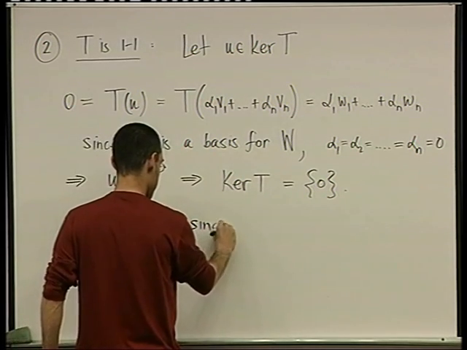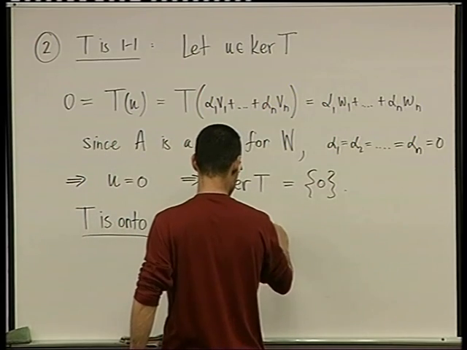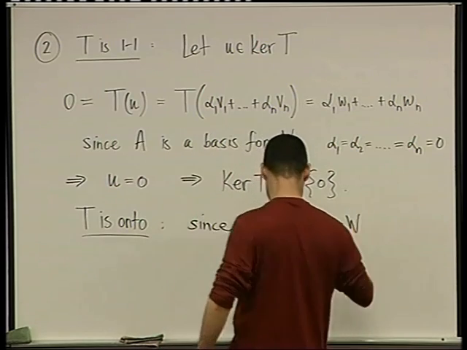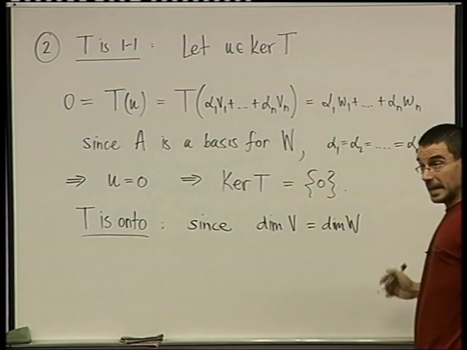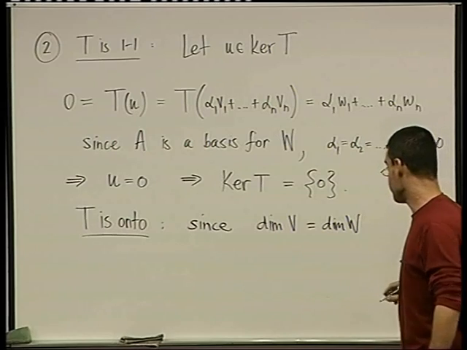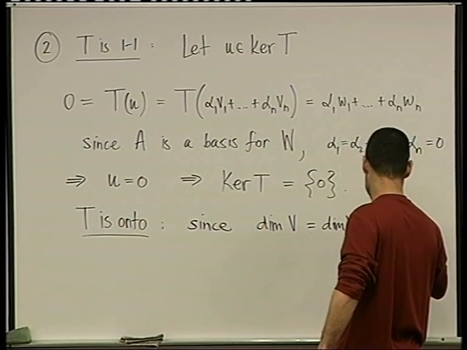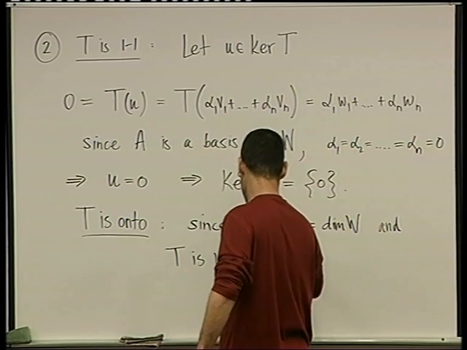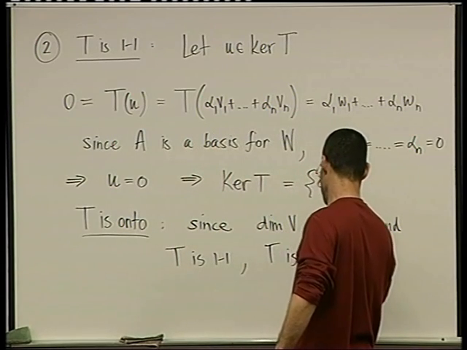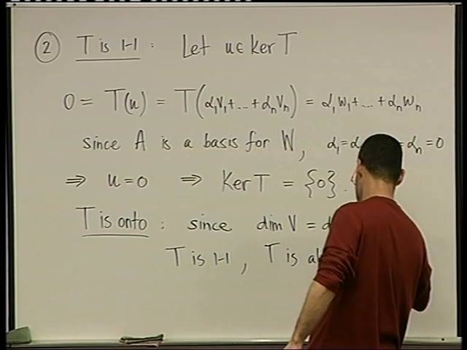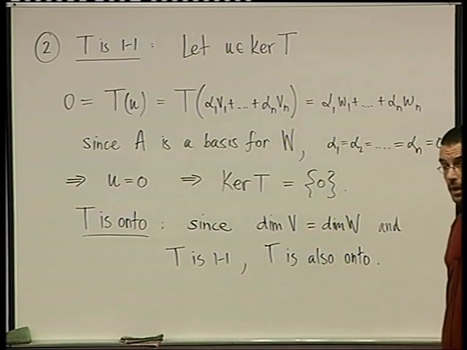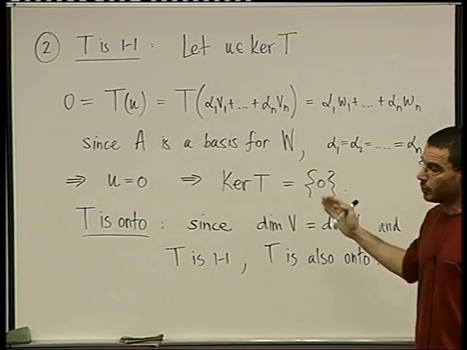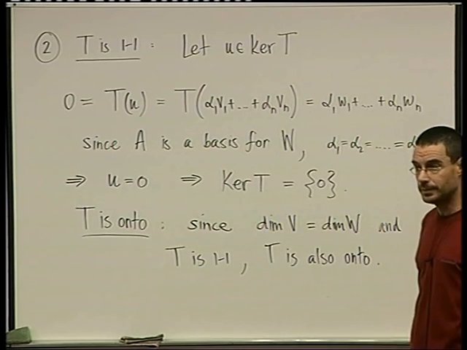Since dim V equals dim W, that's our assumption in part 2, and T is 1 to 1, T is also onto by a previous theorem. A linear map between two spaces that have the same dimension is 1 to 1 if and only if it's onto.